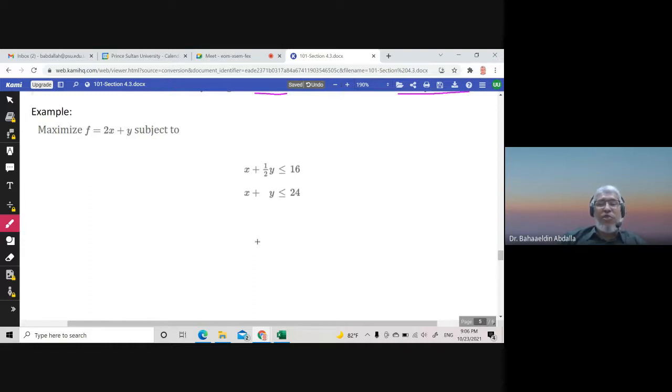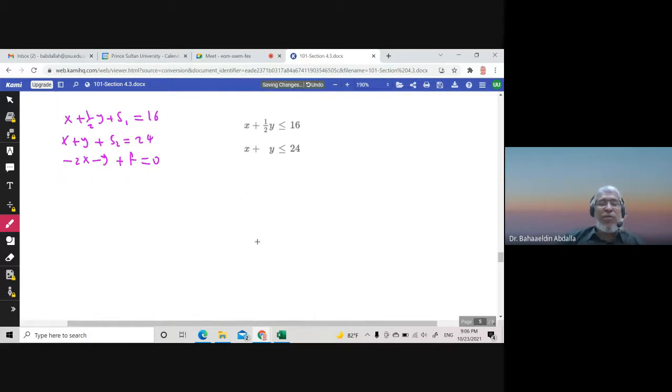Let us introduce slack variables: x plus half y plus s1 is 16, x plus y plus s2 is 24, and let us write the objective function in this form. And now let us set the initial matrix.